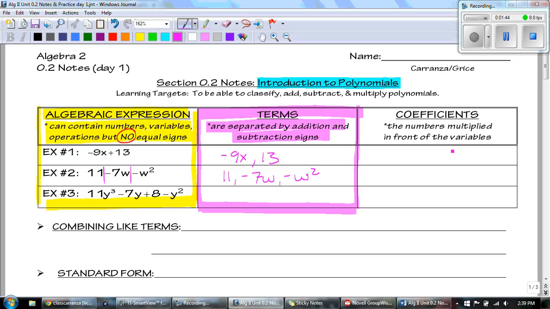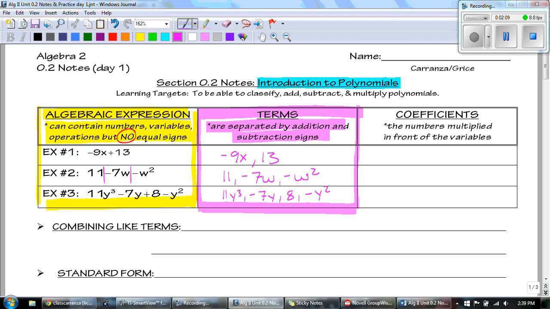Do you see the four terms in example number 3? What are they? Yeah, there's the 11y cubed, the negative 7y, there's an 8, and then there's the negative y squared. Beautiful.